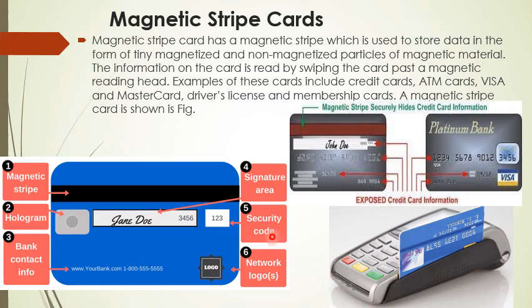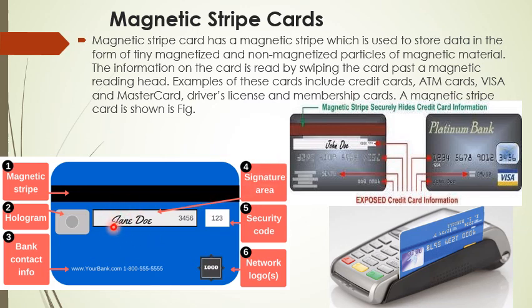On a card we have some specific areas, just like I've explained: the magnetic strip, a hologram, where a chip can be there, bank contact information, meaning a website or a phone number, and the signature area where the person signs when you take a card.